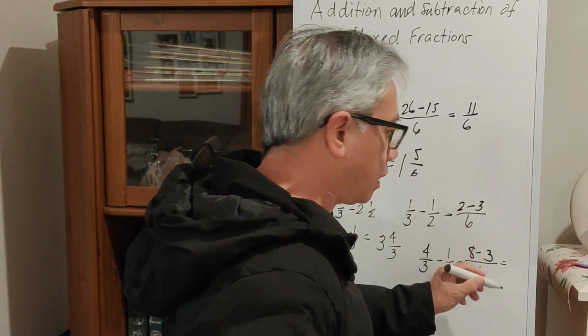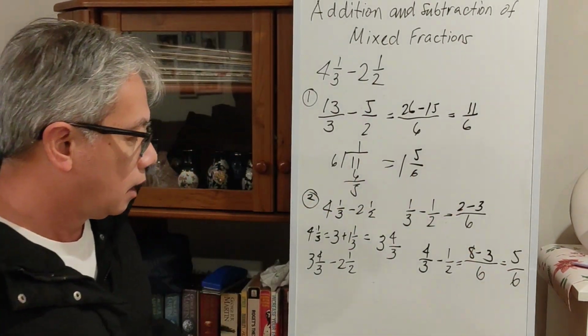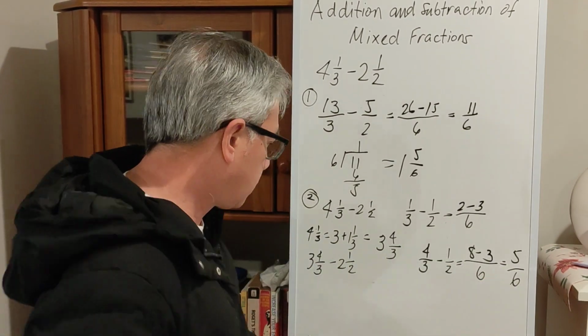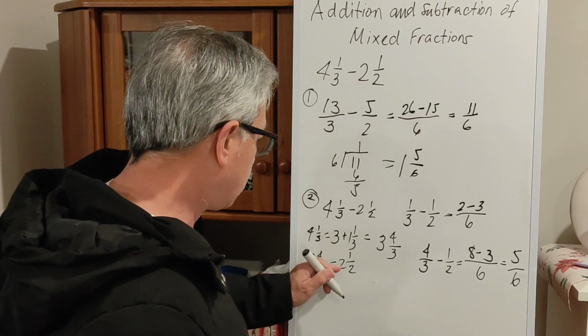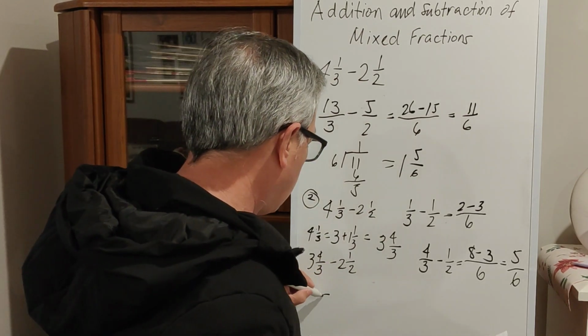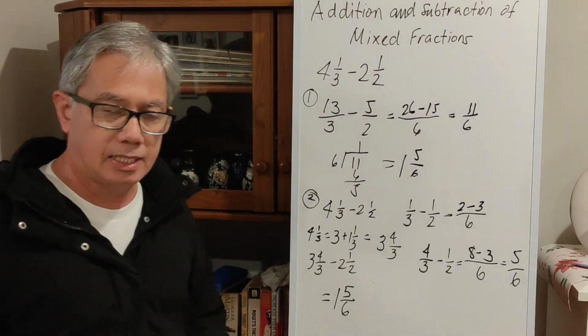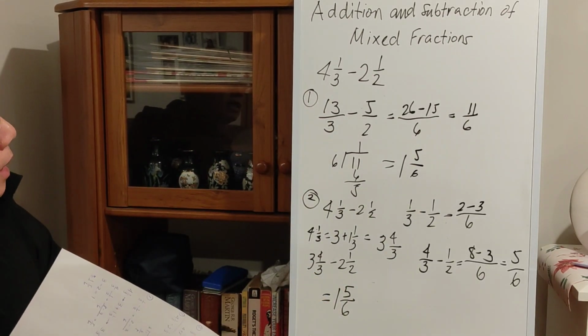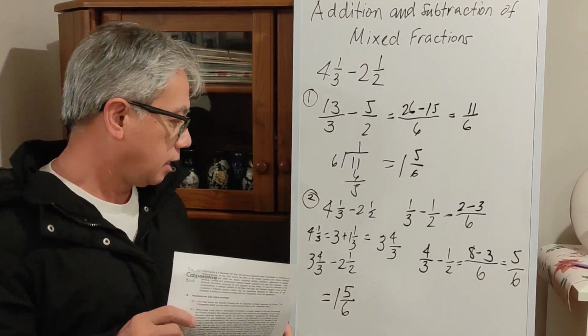So 8 minus 3 is 5/6. So our fraction is 5/6. Now we subtract the whole number. 3 minus 2 is 1. So our answer will be 1 and 5/6. So that's how we add and subtract mixed fractions.